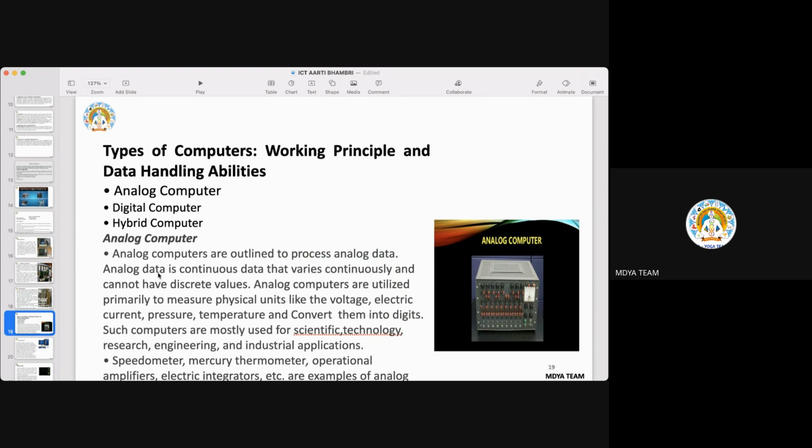Now, types of computers according to the working principle and data handling abilities.